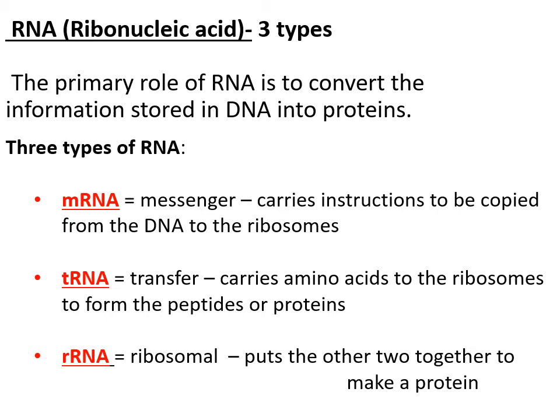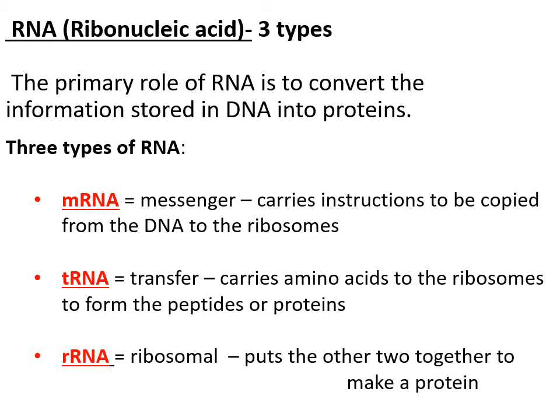There's three types. But what's the main role of all three types? It's to take the information in DNA and turn it into a protein that can be used in the body, right? Because we have so many different types of proteins that perform different functions.